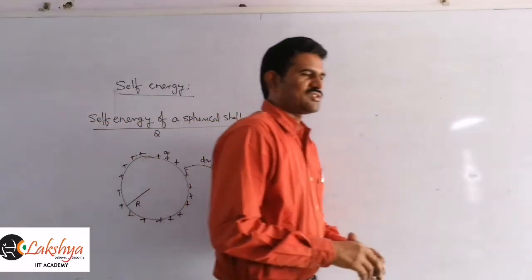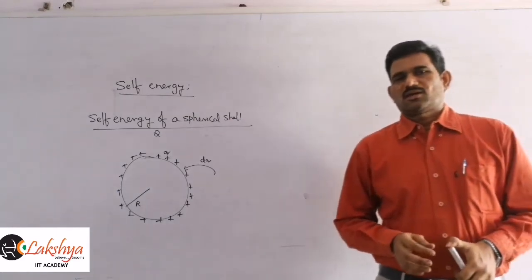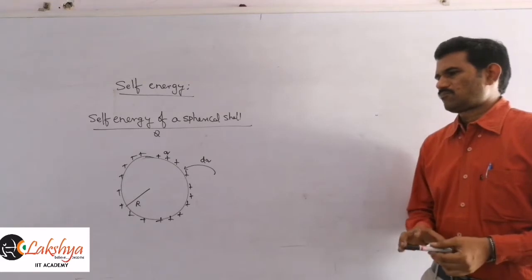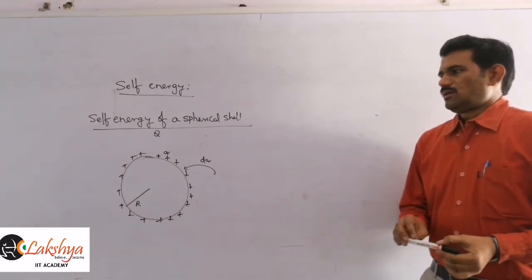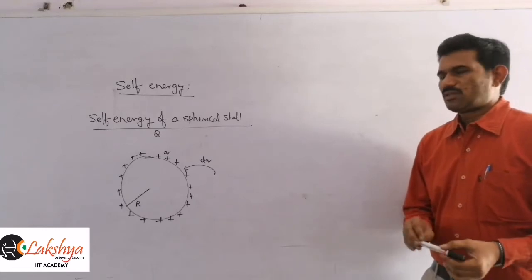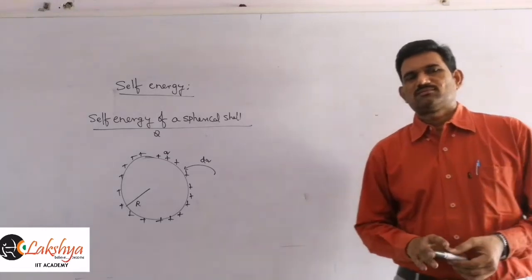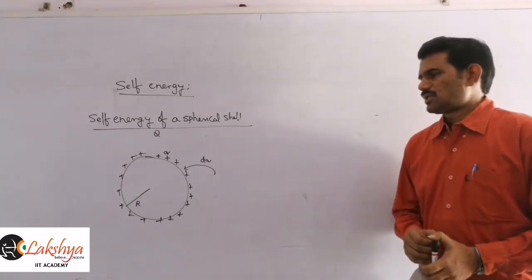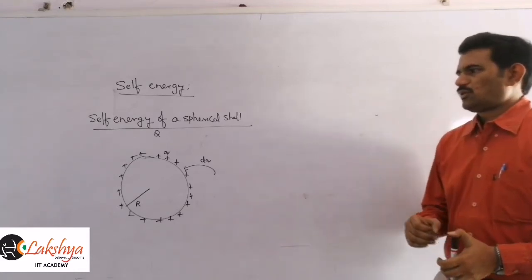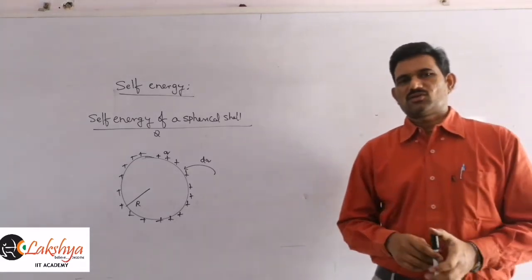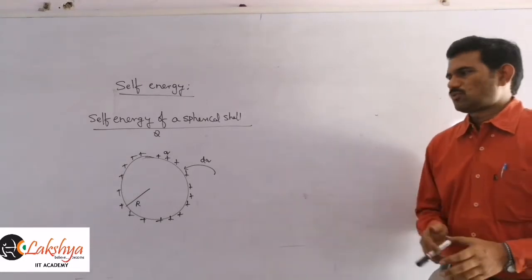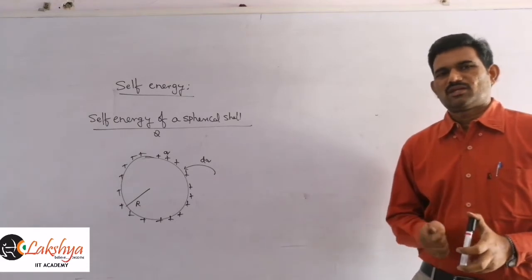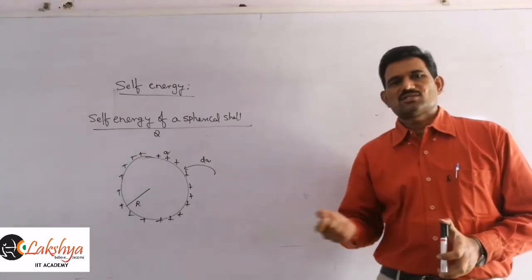Write that: consider a spherical shell of radius r. During the charging of the spherical shell, let small q be the charge present on the spherical shell at any instant of time, and dq is the charge added to it.